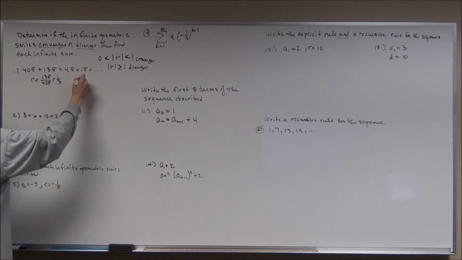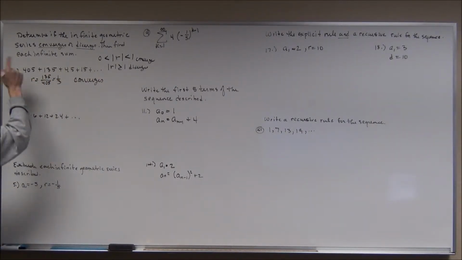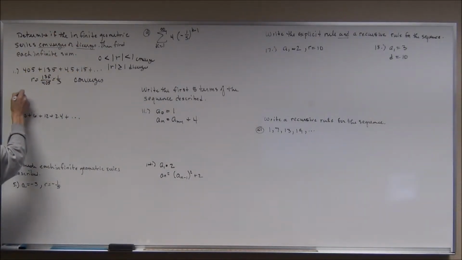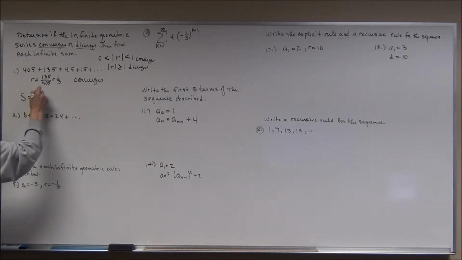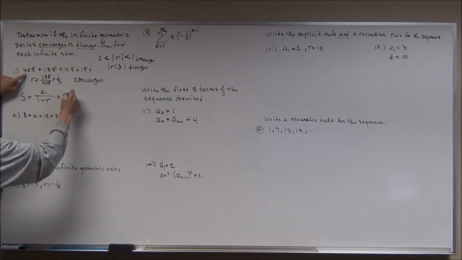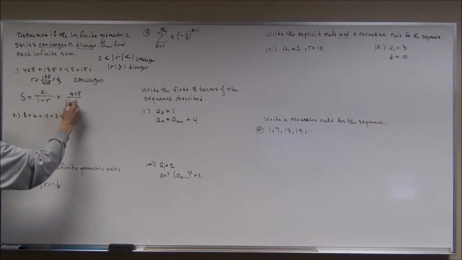I know this converges. And not only do I know it converges, I can use the following formula if it converges. Infinite geometric convergent. Doesn't do anything with arithmetic. Infinite geometric and converges by using the sum is equal to the first term all over 1 minus the ratio. That's simple. So my first term is 405, over 1 minus my ratio. My ratio is 1/3.